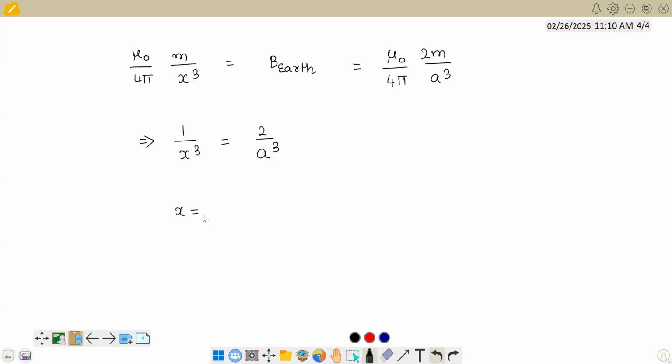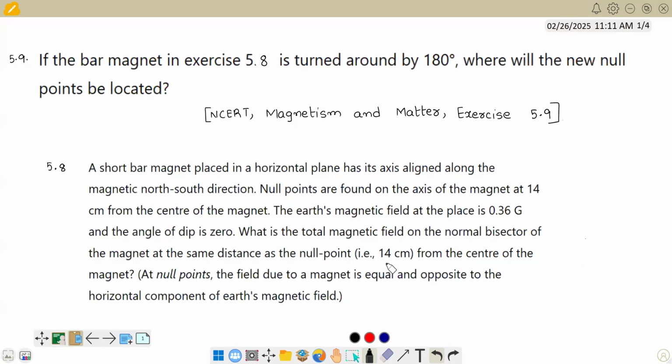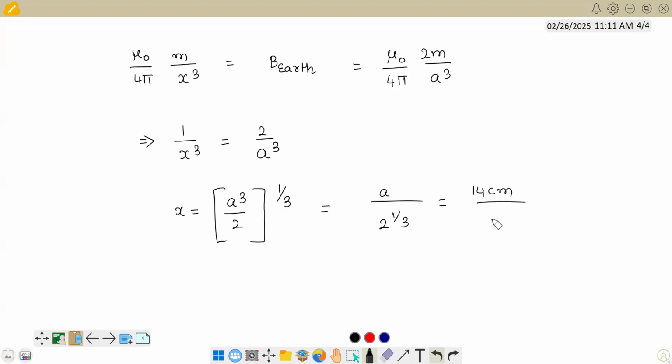So x value would be A cube by 2 whole power 1 by 3. So we basically get A by 2 power 1 by 3. A is given as 14 centimeter in the question. In the previous question, if you see, the value of A is given as 14 centimeter. So 14 divided by 2 power 1 by 3.